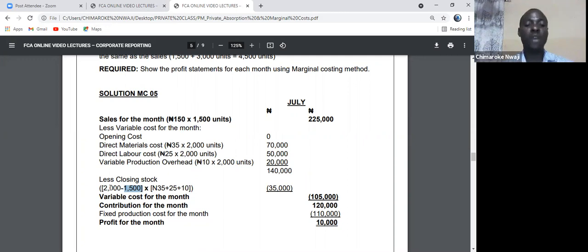How much are we valuing it? We are valuing it at what constitutes your closing stock amount. You produce with material 35 naira plus 25 naira labor plus 10 naira variable overhead, which gives you 70 naira.